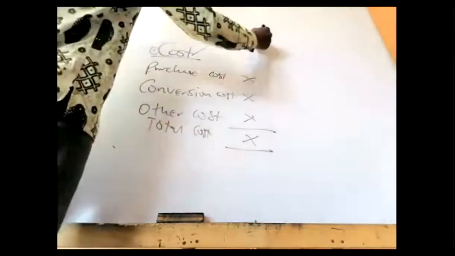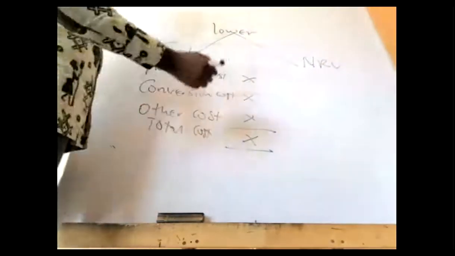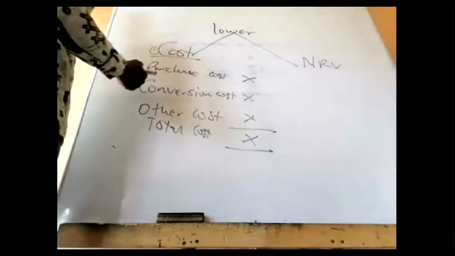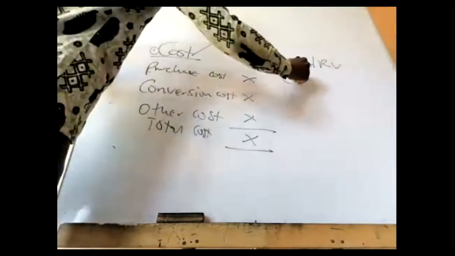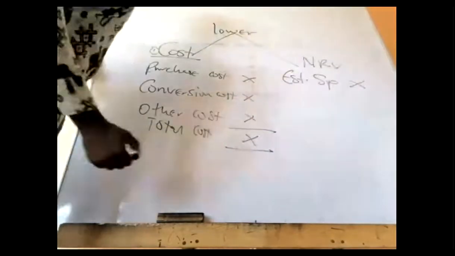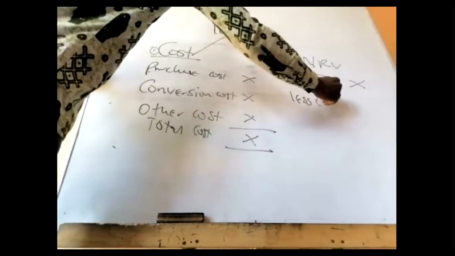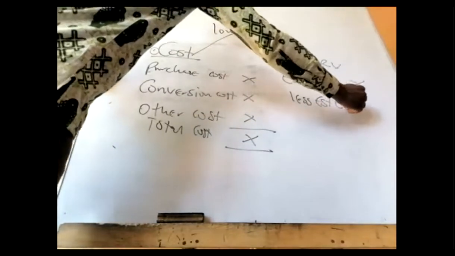On the other hand, NRV. If I'm looking for NRV, I'm going to see estimates 3 times. So let's start. Estimated selling price, so much. Less estimated cost to complete, so much.